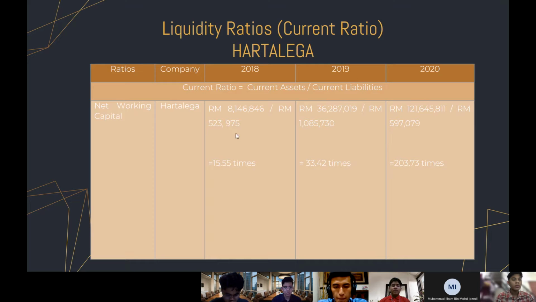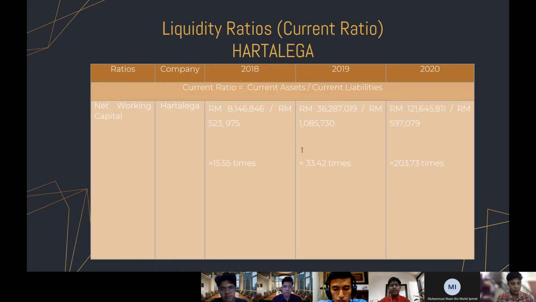Okay, so for the Hartalega current ratio, the result is an amount greater than 1 for 2018, 2019 and also 2020. This means that Hartalega has adequate current asset to settle its current liability.